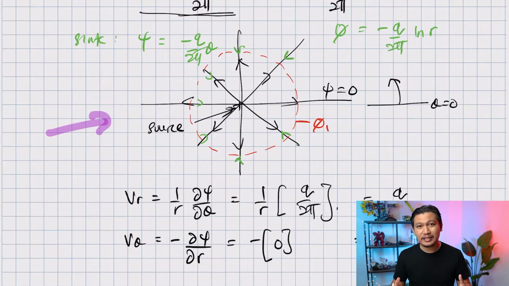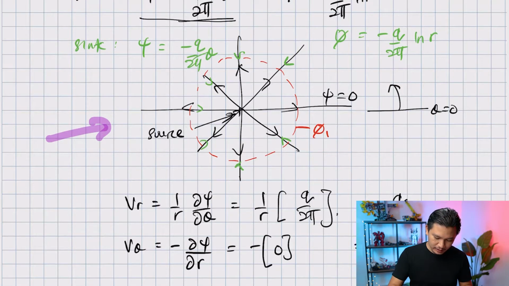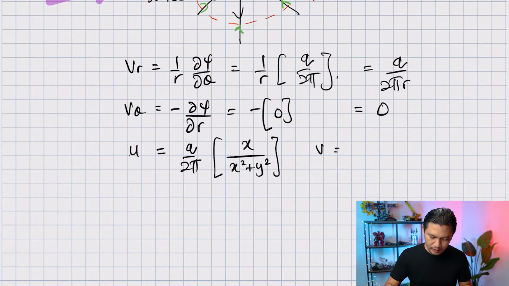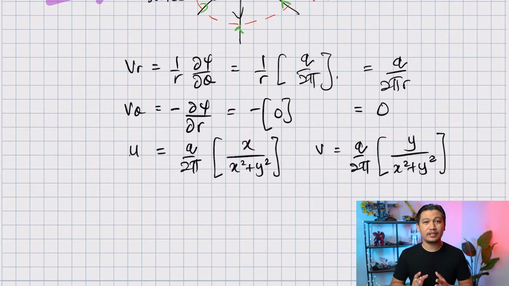But if you really need it in Cartesian coordinates, our velocity in the x direction will be u equal to q over 2 pi times x over x squared plus y squared. And our v will be q over 2 pi times y over x squared plus y squared. I do believe this is a little too complicated to represent source and sink in Cartesian coordinates.